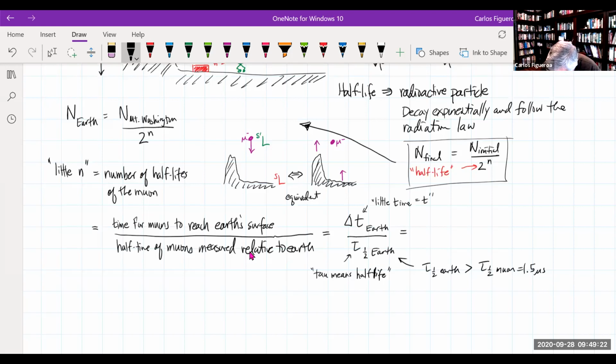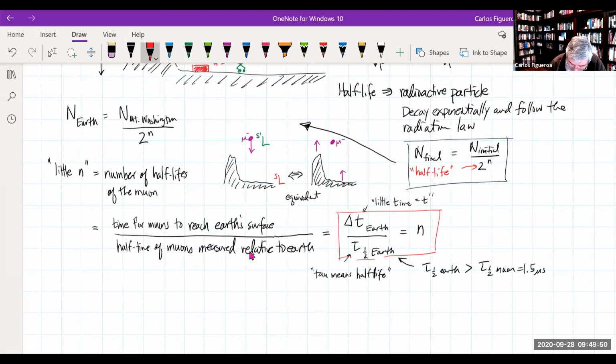And this guy here is what we call little n. So in order for me to calculate the number of muons at the top here, I have to look at the whole thing here.